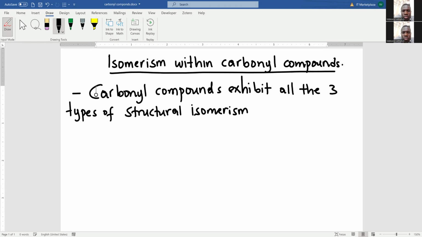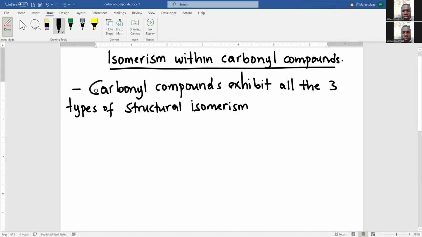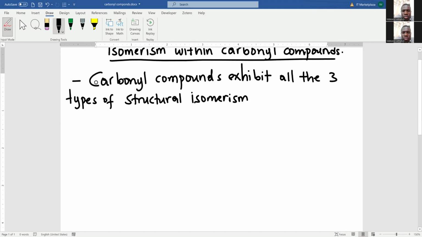Recall that these three types of structural isomerism, I abbreviate them using CPF.